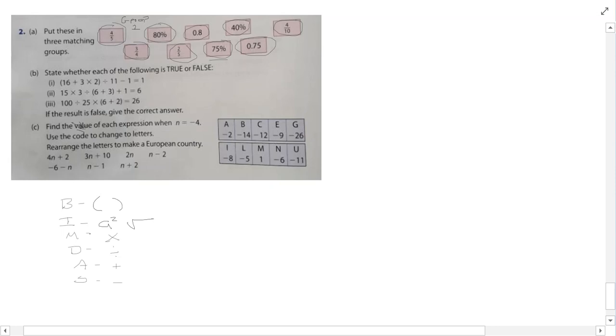So these are operations. What this question is asking you to do is take into account the order of operation. You have to make sure that you carry out the proper order of operation when you're dealing with this.